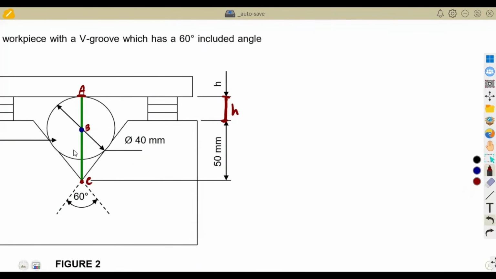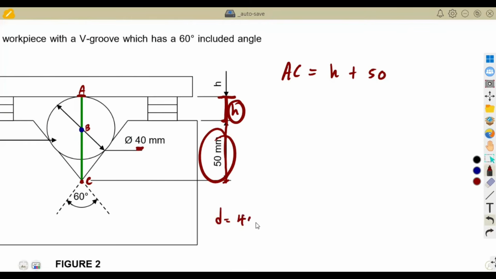It means if I take this whole part AC, it is equivalent to the wall of this line, from H up to this one. So it is the combination of the H and the 50 millimeters. So this is H plus 50. All right, guys. There we have got the diameter of 40 millimeters.